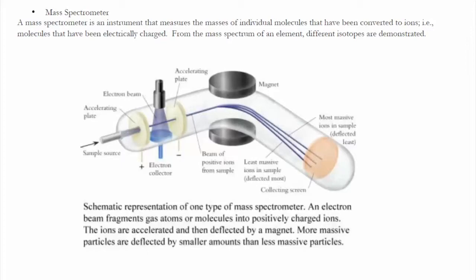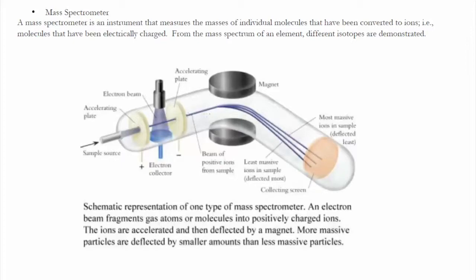Now, these ions are going to be accelerated around and then deflected by this magnet, and therefore you're going to have these different beams. It can be obviously more than 3 beams, but it separates the isotopes based on their different atomic masses. Now, the important thing for you to keep in mind is the fact that the less an ion is deflected, so for example this one right here, this one has a larger atomic mass than this one or this one.